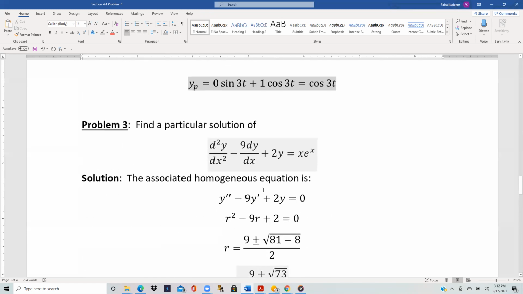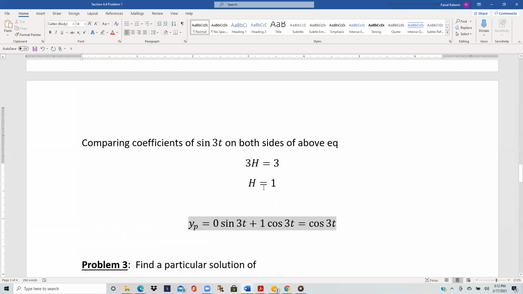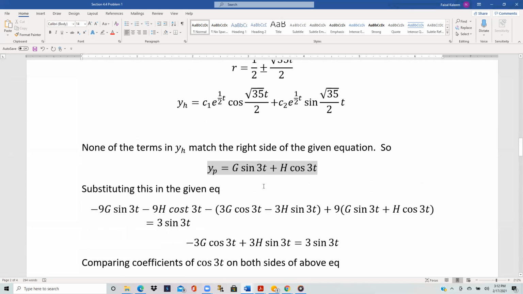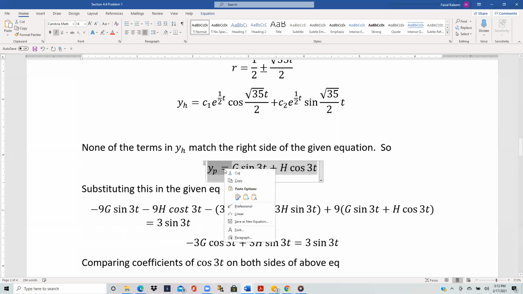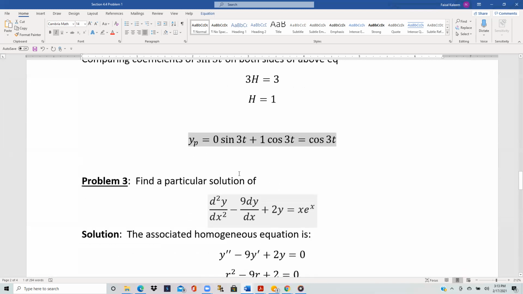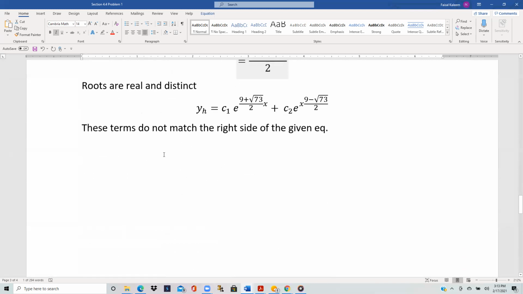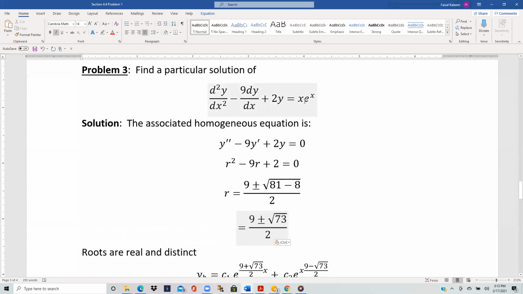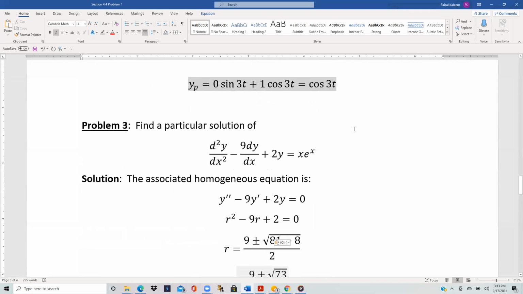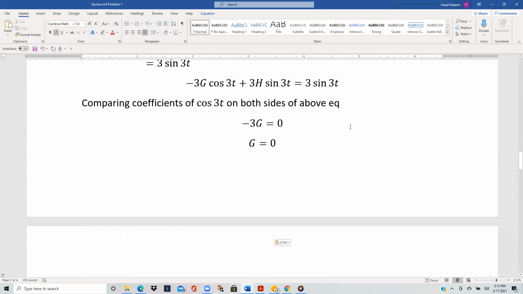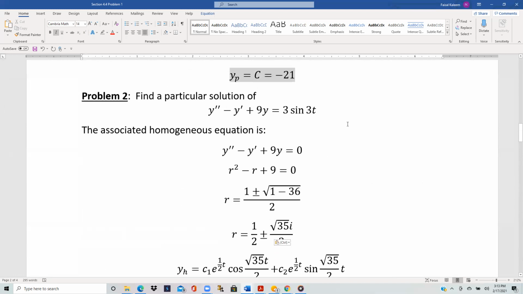Therefore, we can write the form of the particular solution. Now remember when you have xe^x, let's go back to that little table that I showed you.